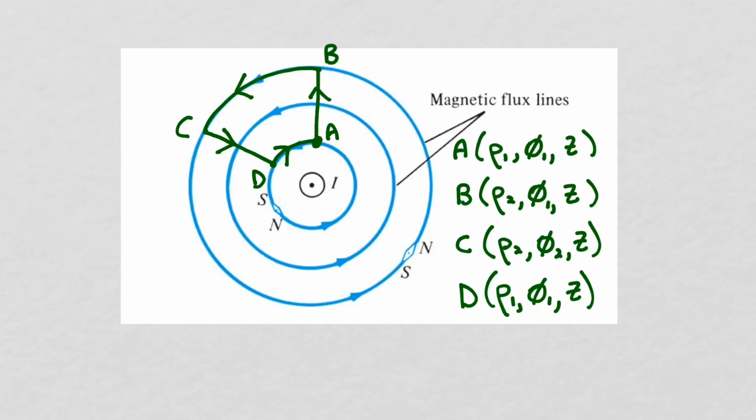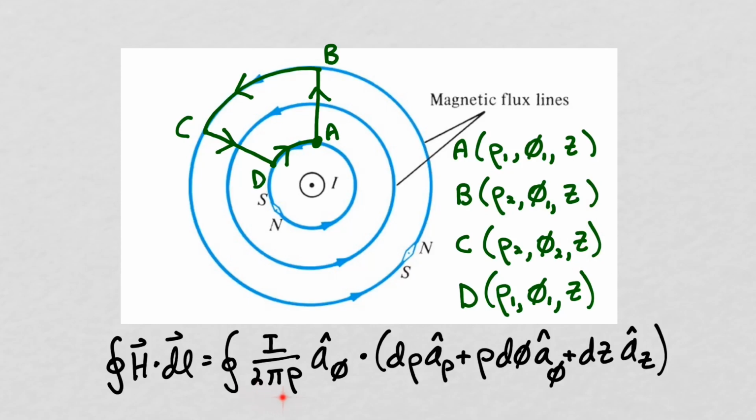So this particular path of integration is in the same plane because A, B, C, and D all have the same z values, but we'll quickly see that it wouldn't matter if these z values were different. So again, I've substituted our value of H and our value of dl for cylindrical coordinates.